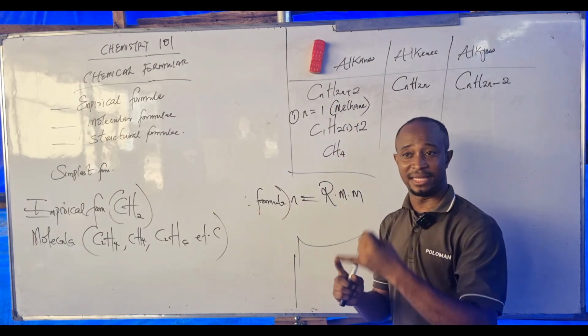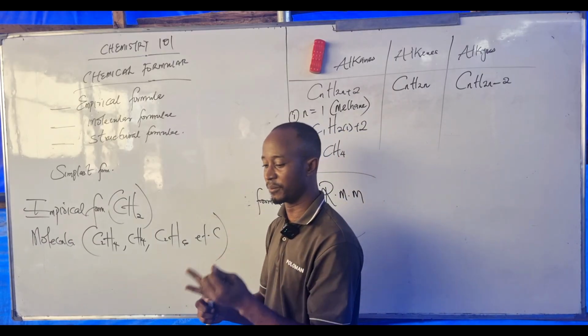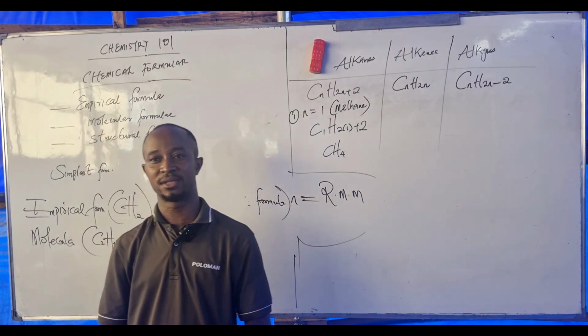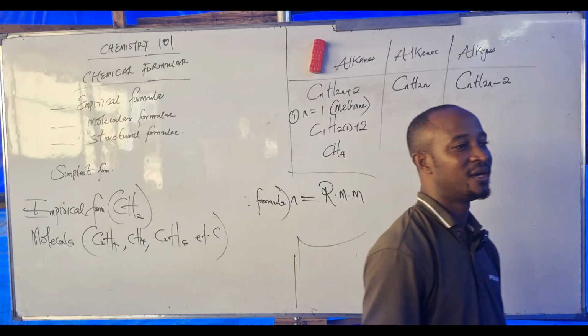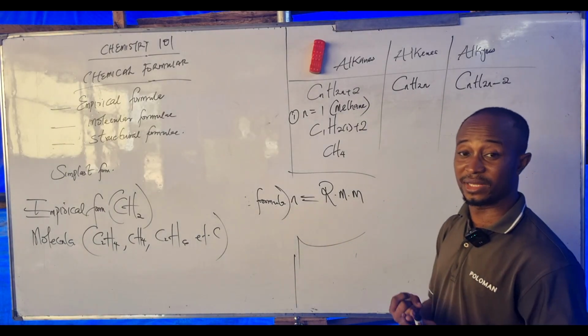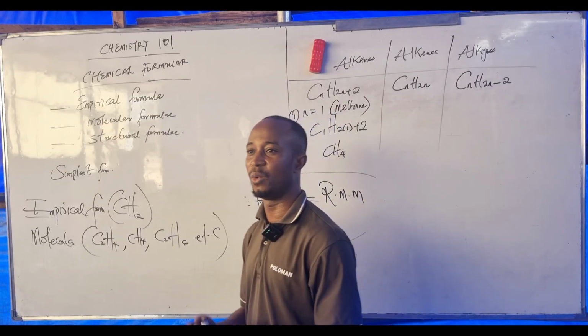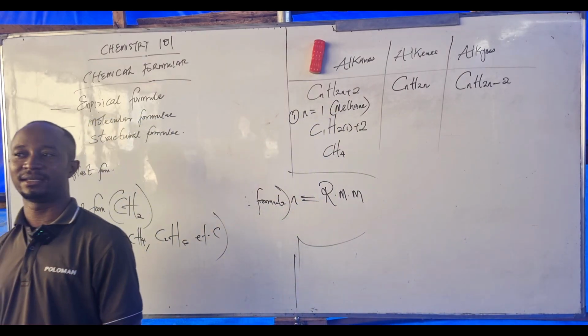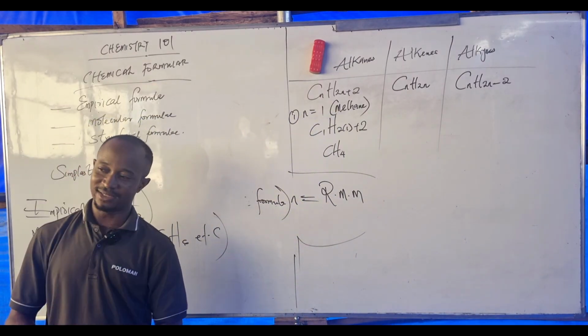Under alkane, we have methane, ethane for 2, propane for 3, butane for 4, pentane for 5, hexane for 6, heptane for 7, octane for 8, nonane for 9. What's 10? What's 11?